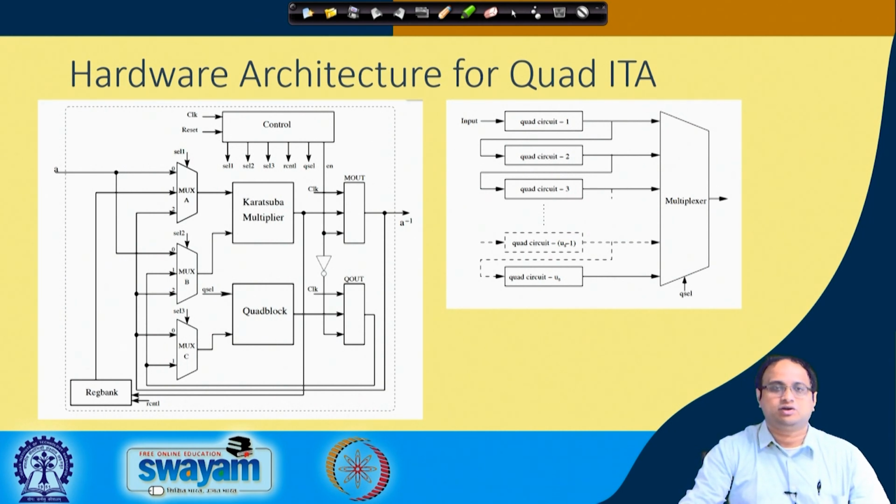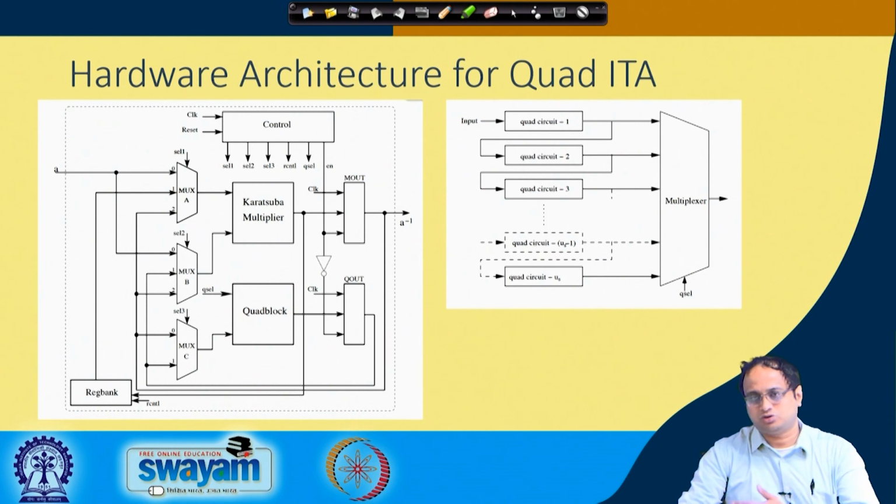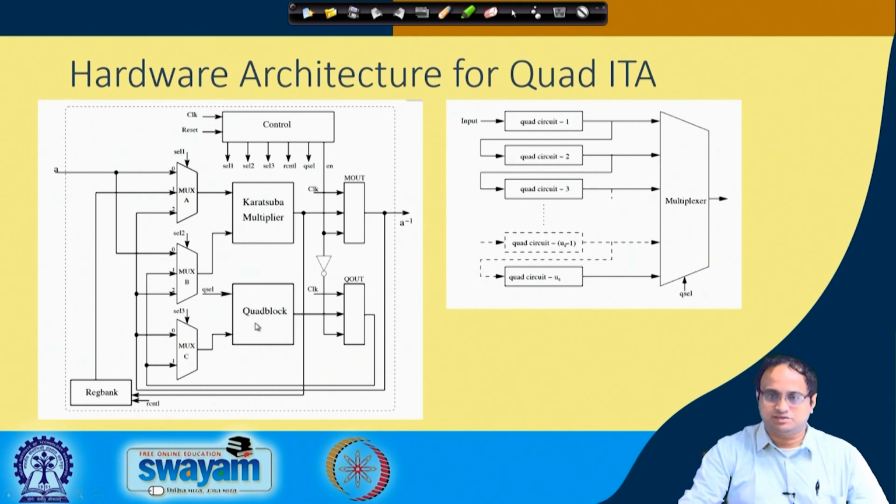Powers of 2, like 2 squared, 2 cube and so on, can all be realized that way, just by using XORs. So, you can have a very efficient architecture for the quad block, and as we discussed, the quad block in terms of delay is roughly equivalent to the squaring circuit.